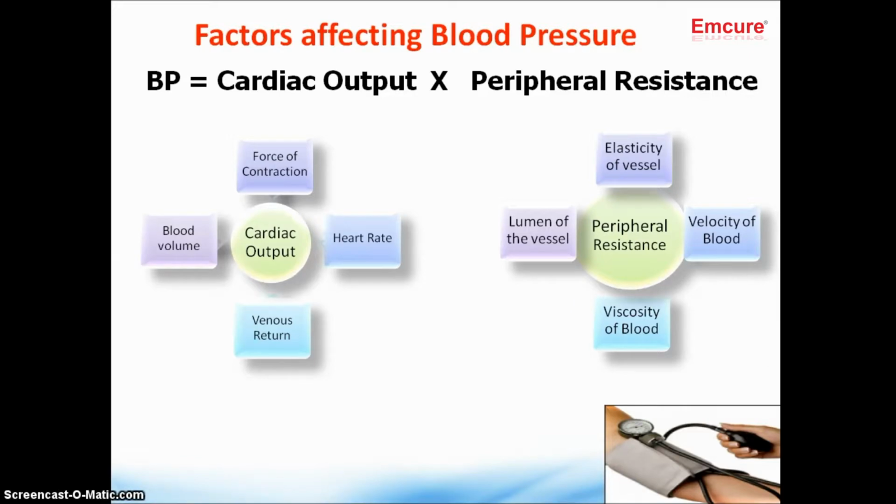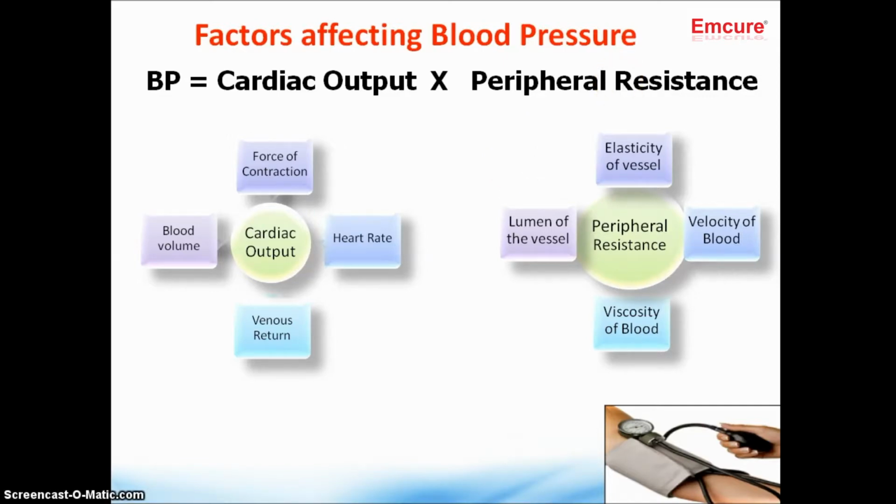So once again, a recap. The cardiac output is affected by four factors. Which are they? The first one, force of contraction, blood volume, heart rate, and the fourth, venous return. So what are the factors which control your peripheral resistance?